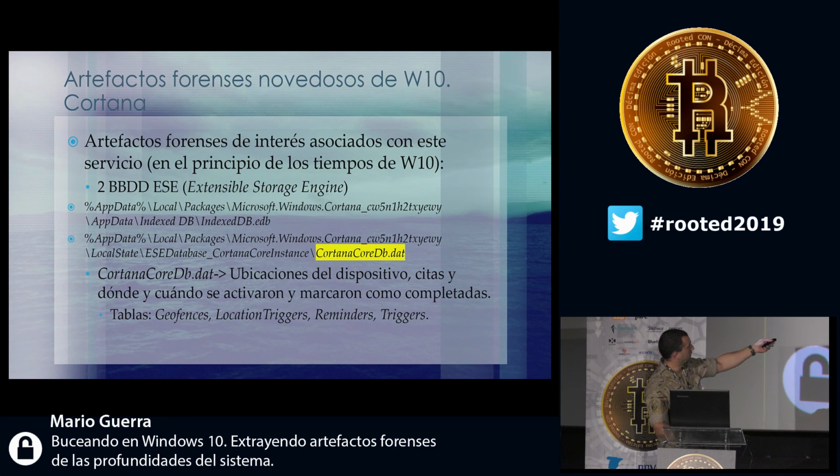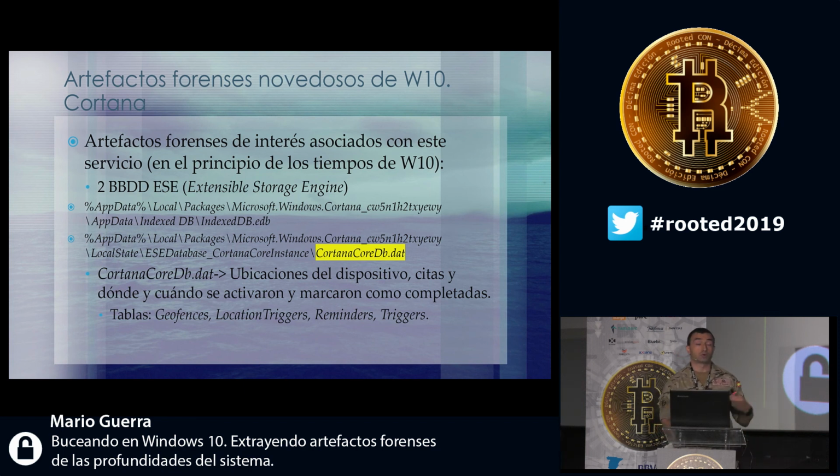We have related artifacts. For instance, this database, Cortana Core DB, and we will have to limit ourselves to the framework area, because for whatever reason, Cortana stores which Wi-Fi you last connected through. I don't know why it keeps that information, but from the forensics viewpoint, it allows you to know when was the last time that you connected a computer to a Wi-Fi.